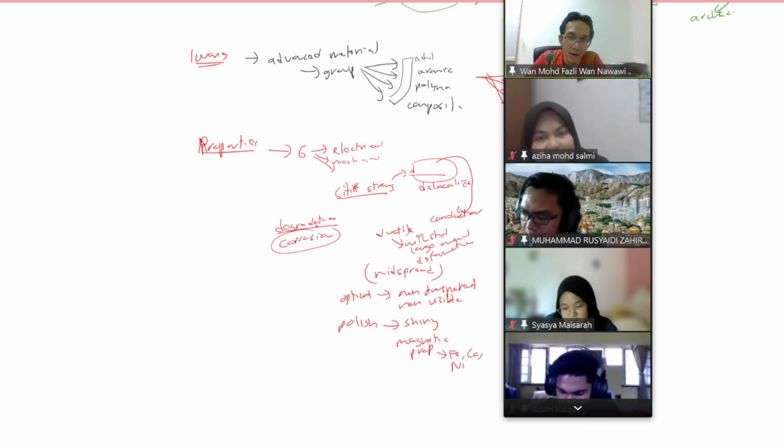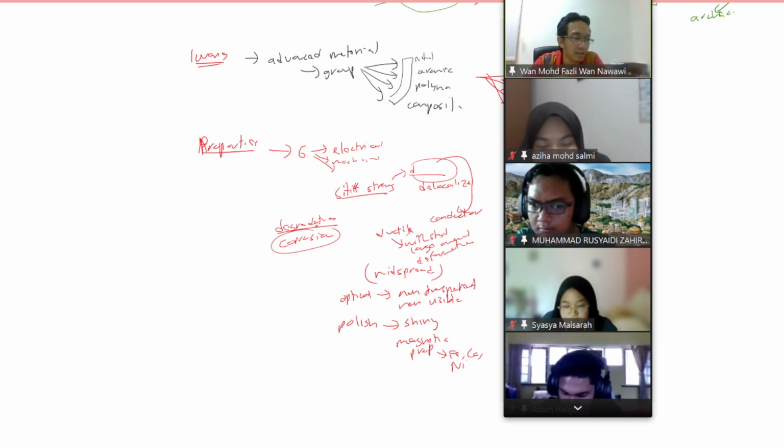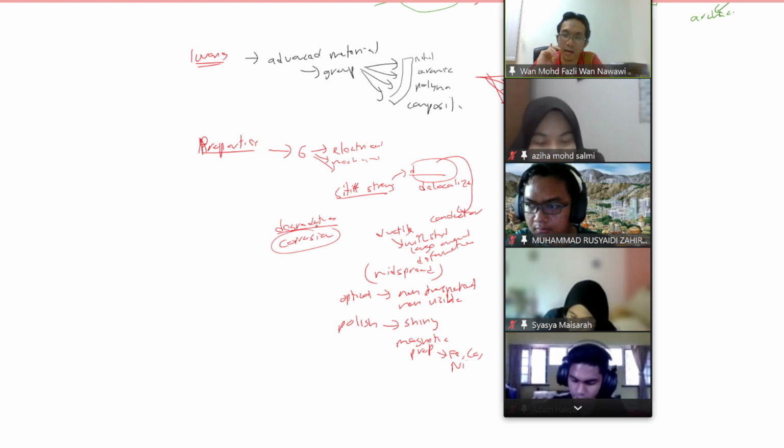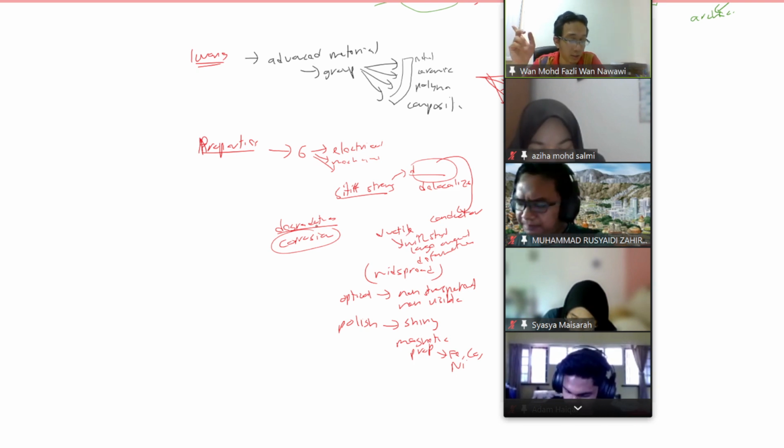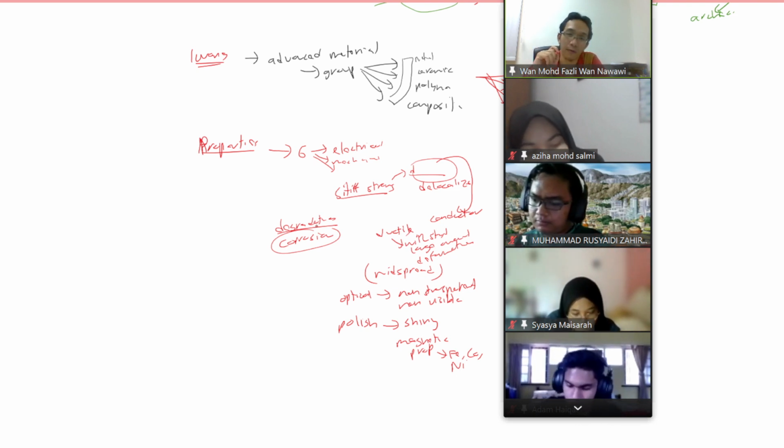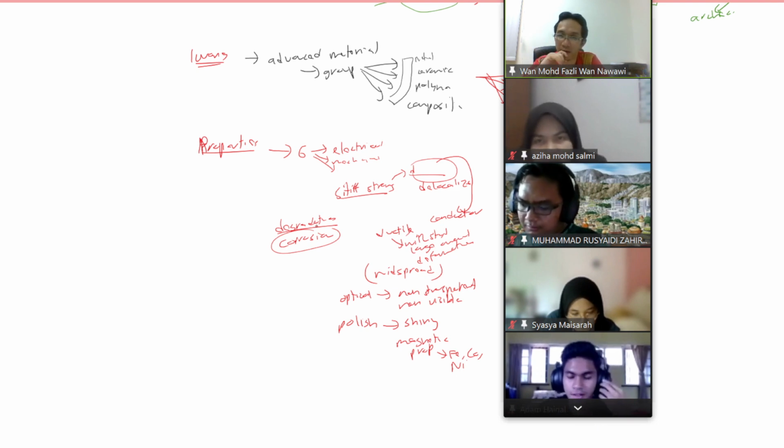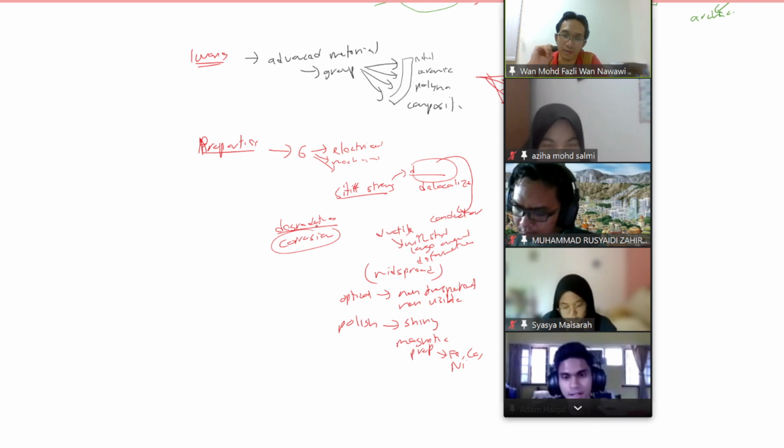Raise your hand or just talk. If no one wants to say, then I will choose. But for now, I give this 1% bonus mark chance to any of you, the four persons in front of me now. Last question. Tell me about stainless steel.